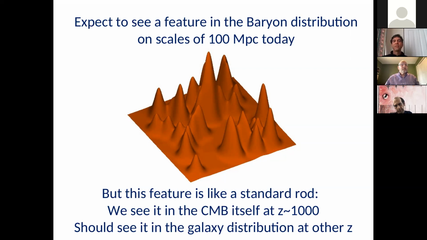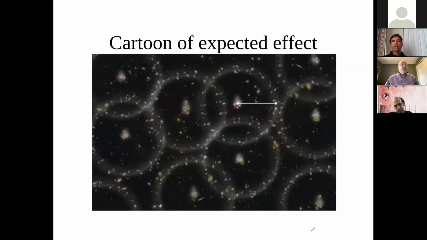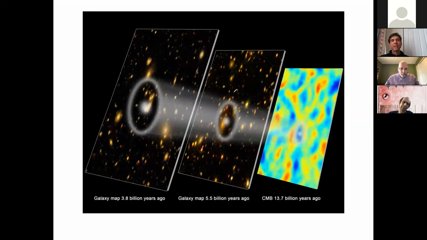And we can look for this feature in the galaxy distribution at different redshifts. Okay, there's the cartoon, right? Around each blob of baryons, there should be this tiny shell of baryons, 100 megaparsecs co-moving away. And then in reality, it's going to be a little more complicated than this, because you'll actually be looking at many different distances.